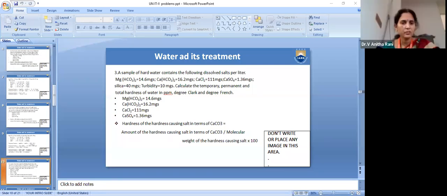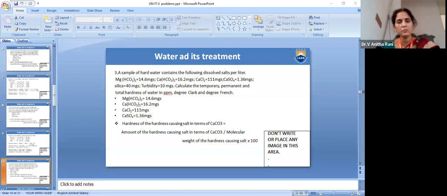Calcium sulfate, 6.8 milligrams; calcium chloride, 33 milligrams; magnesium chloride, 40 milligrams; magnesium sulfate, 24 milligrams. Here you have to calculate temporary and permanent hardness of water.